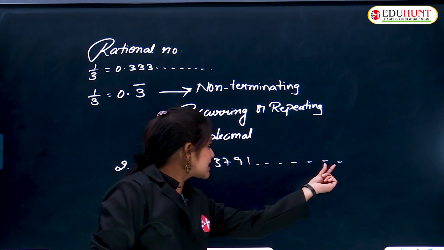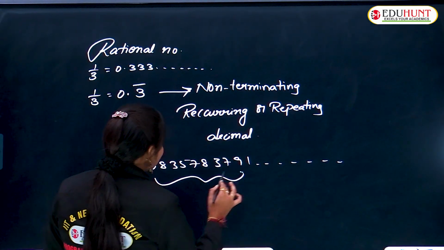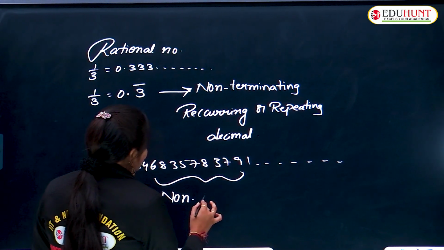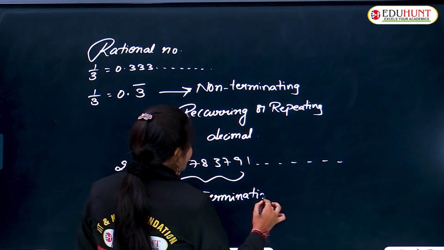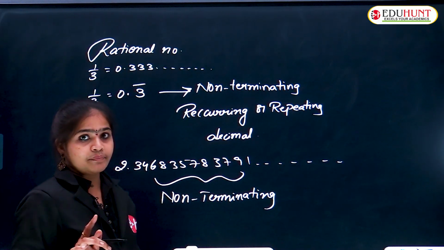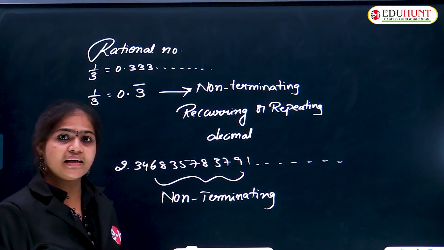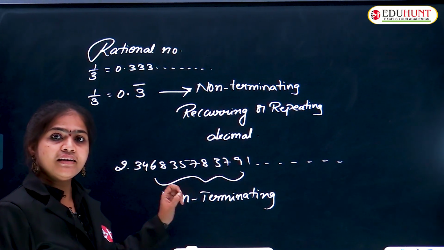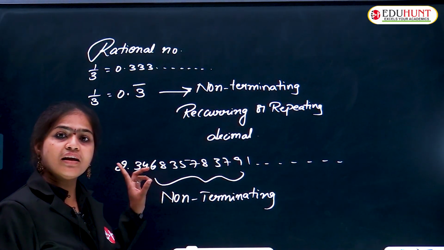Wherever we observe this kind of dots, simply we can say that it is a non-terminating decimal. Non-terminating, clear. Is it a repeating decimal or not repeating decimal?